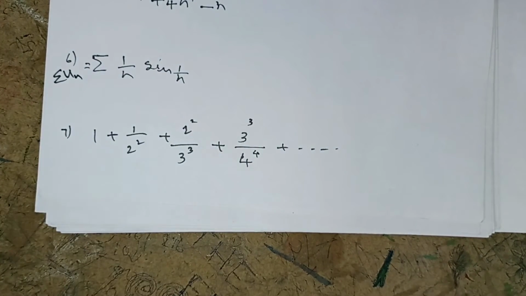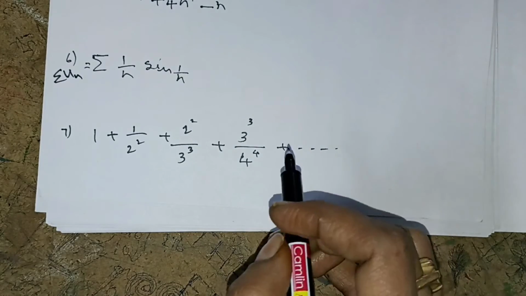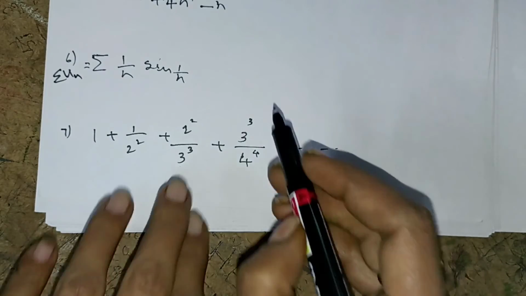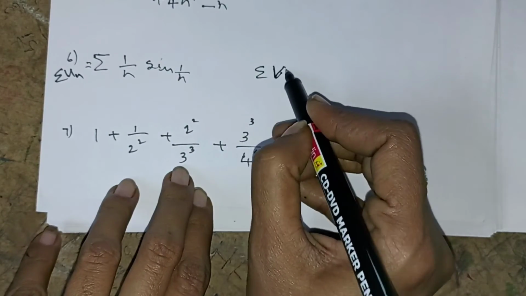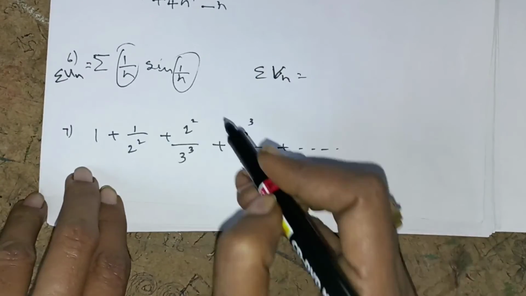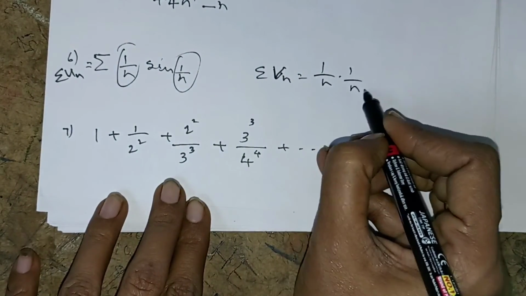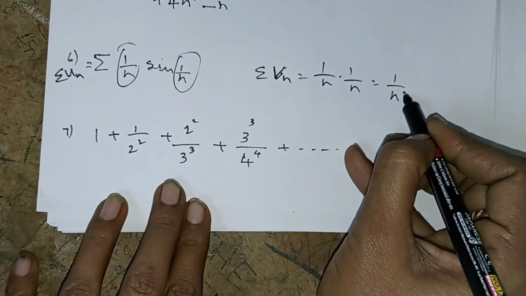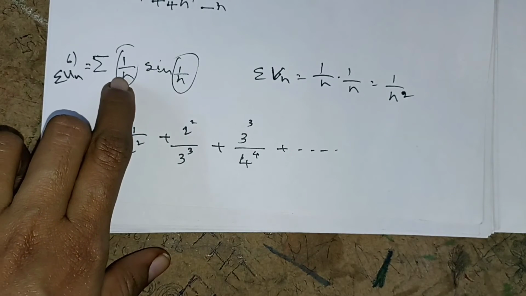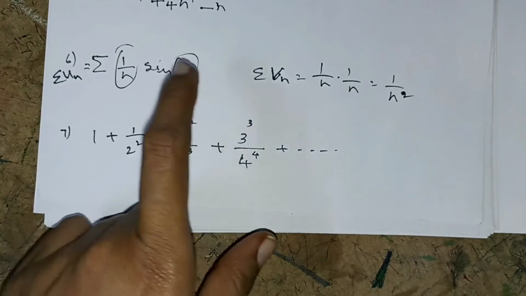We choose whatever is dominating in the series. 1 by n into 1 by n is 1 by n square. Here 1 by n is there, here also 1 by n is there. You have to take sigma vn as 1 by n square.